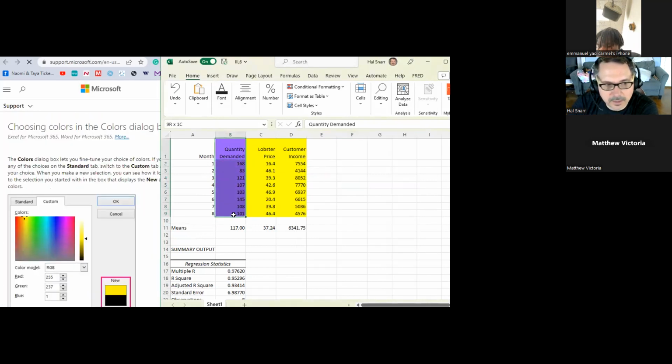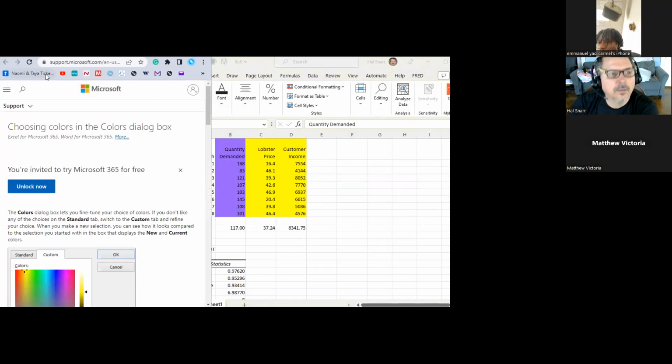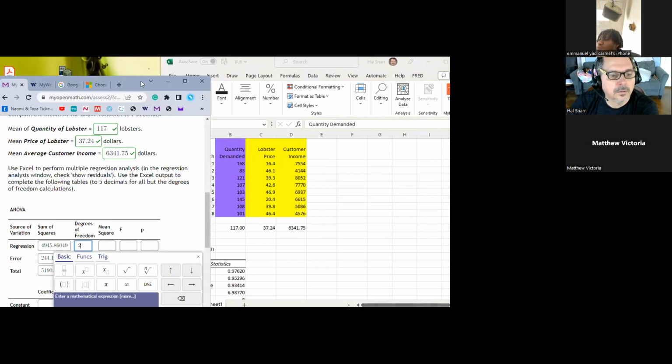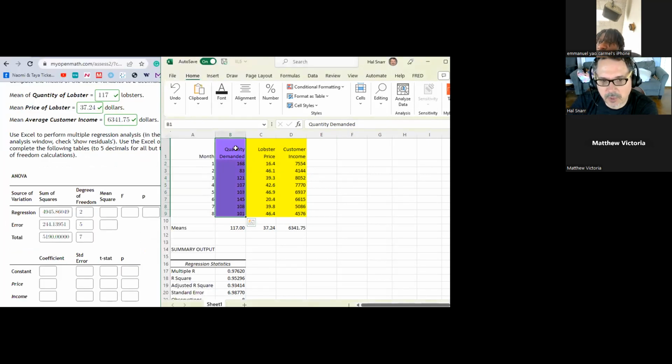We're trying to predict how much quantity of lobsters our customers will demand, given the customer income and the lobster price, right? So this is what we're looking to predict.